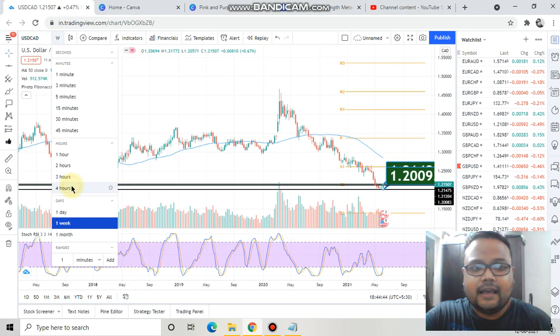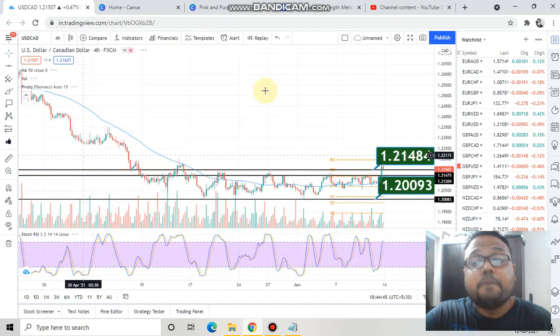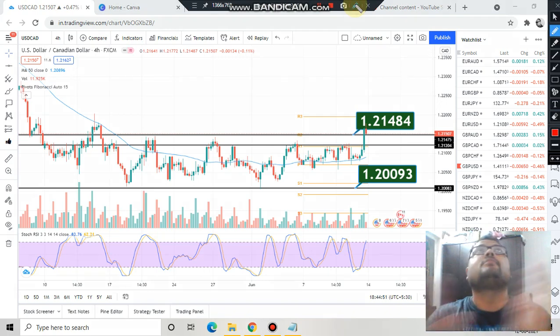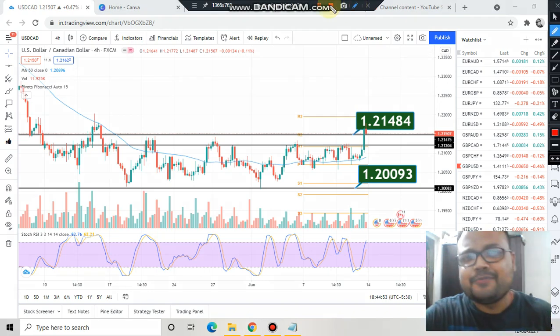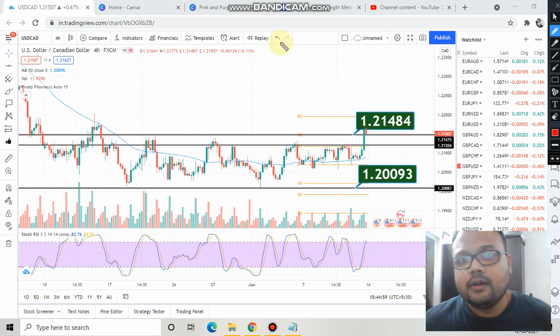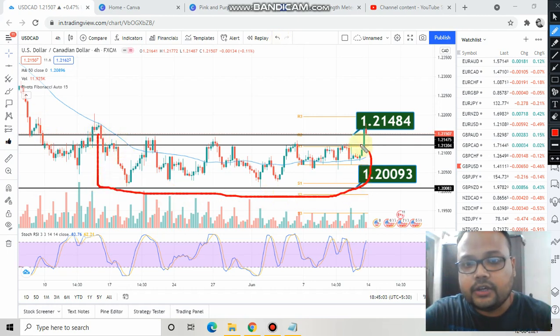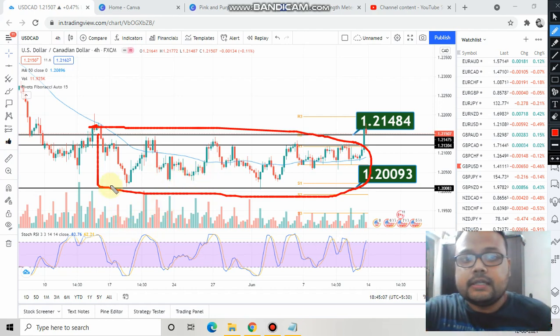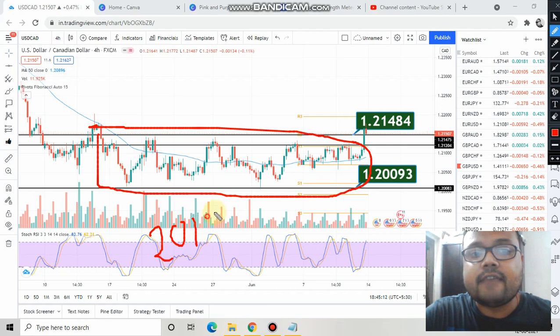And bulls managed to keep the market afloat. Bulls managed to hold the support. And right now we are in a range here. So this thing happened because of the support from the year 2017.